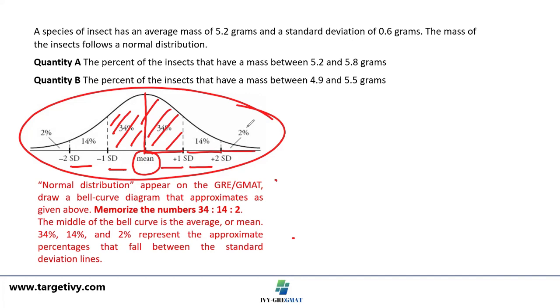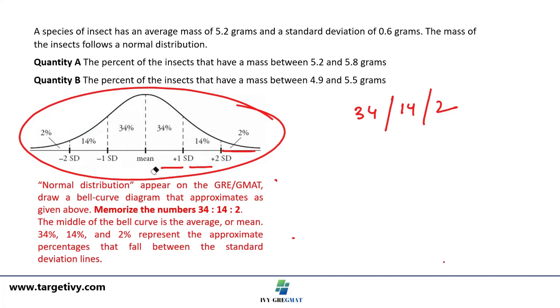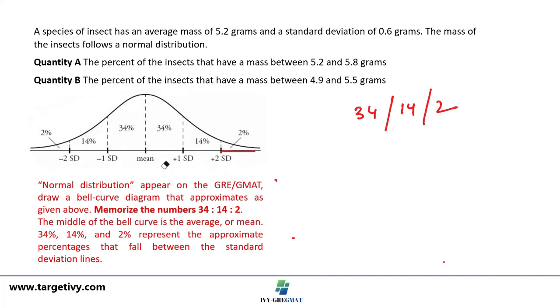So if I go on the other side also, SD -1, -2: 34, 14, and 2. So a normal graph will always look like this. Sorry, I'm pretty bad at this.